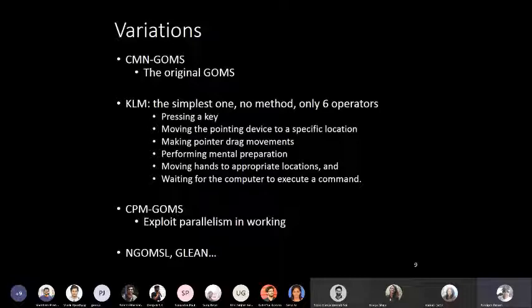So these six simple tasks are pressing a key, moving the pointing device to a specific location, making pointer drag movements, performing mental preparation, which abstracts all cognitive activities of remembering or recognizing or thinking in whatever form, and then moving hands to appropriate locations, and finally waiting for the computer to execute a command.